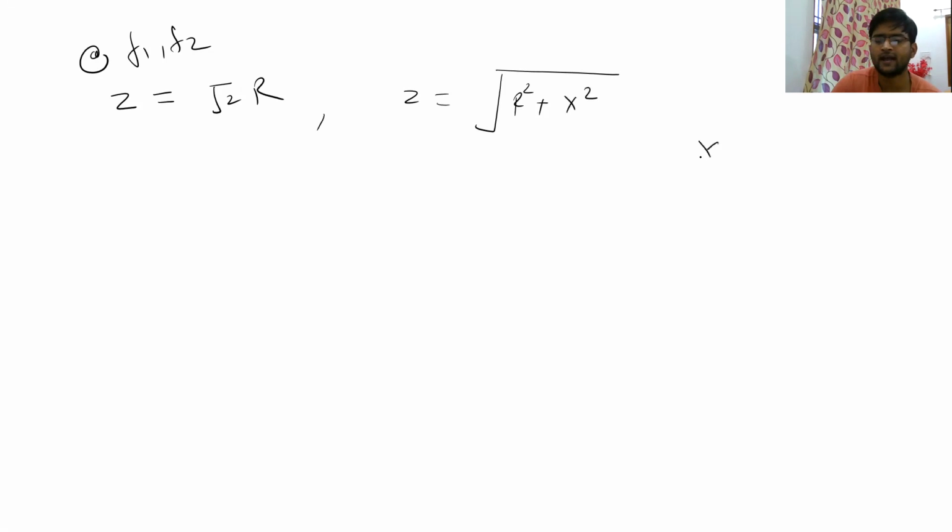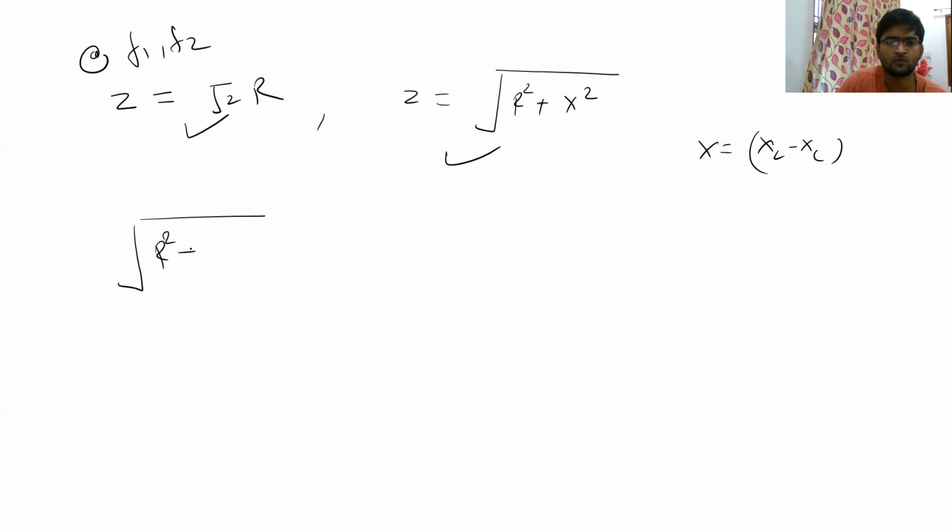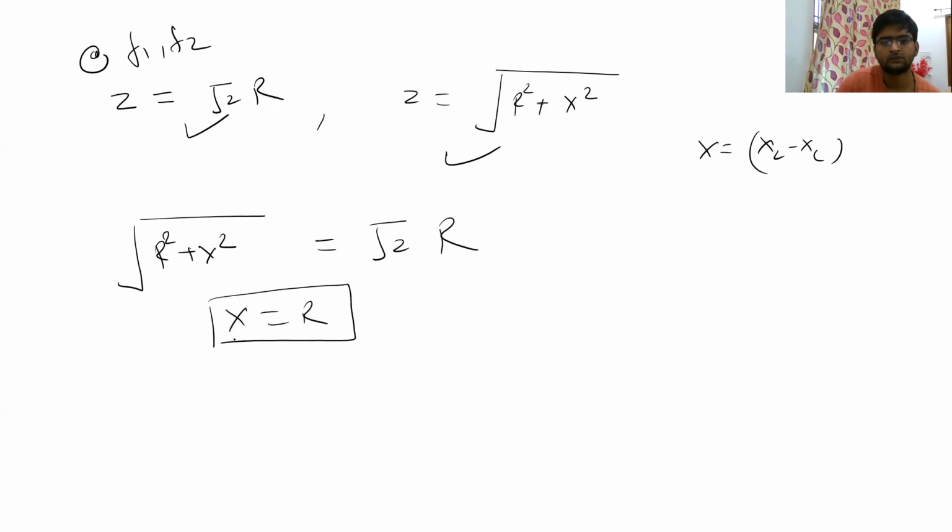Also you know that Z is equal to under root R square plus X square. Here X is nothing but XL minus XC, and this X is basically the resultant reactance of the circuit. So from this and this, under root R square plus X square is equal to under root 2R, and if we compare this, we will find that X is equal to R. So this is a very important outcome.